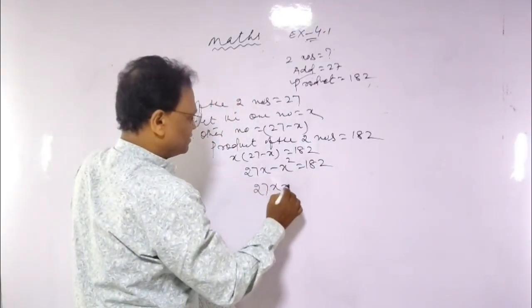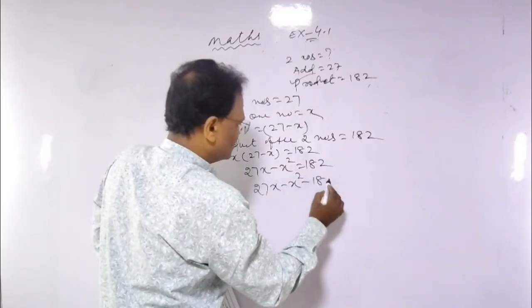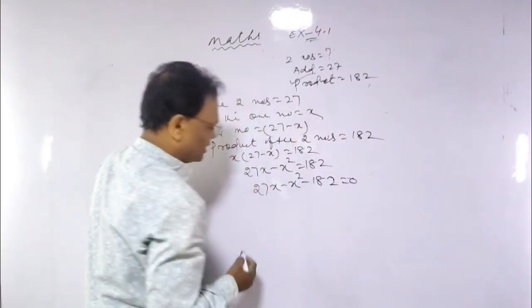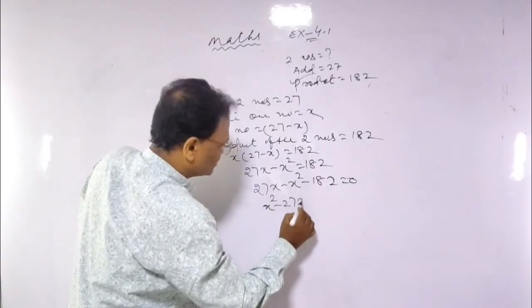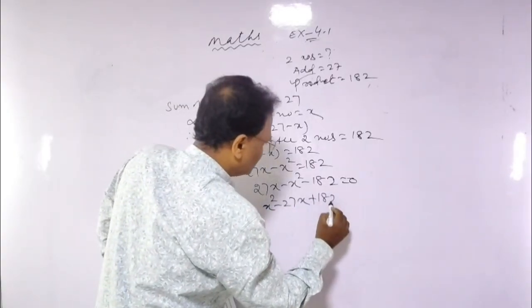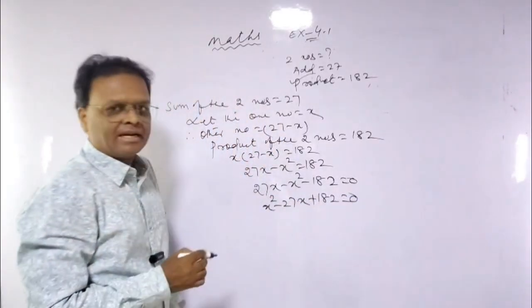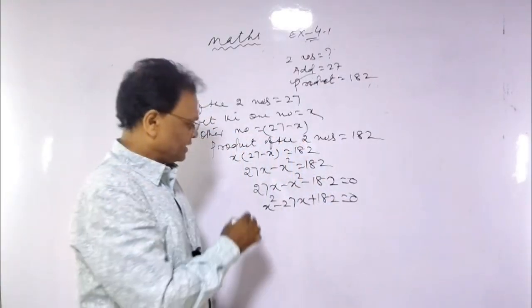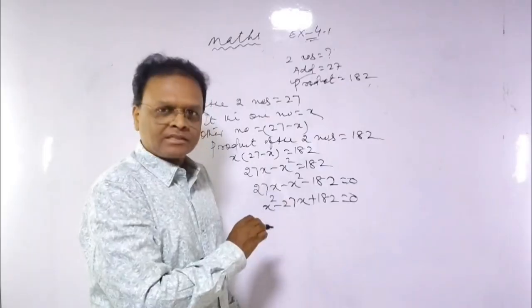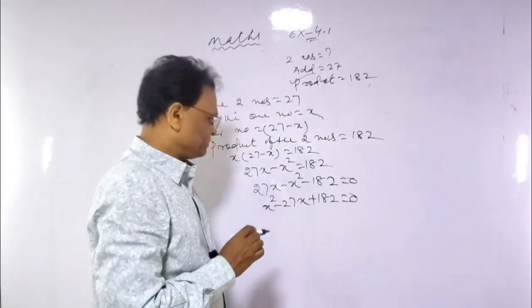Bring that number over: minus 182 is equal to 0. Or I can multiply with the minus sign and write x square minus 27x plus 182 is equal to 0.